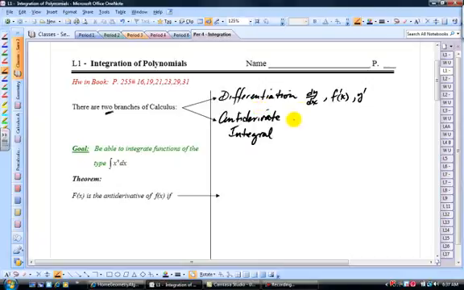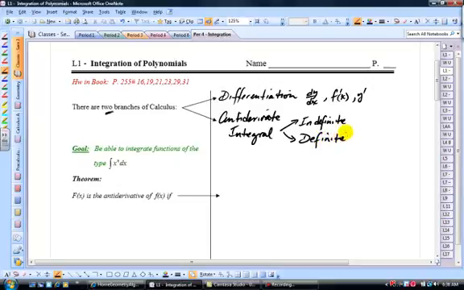It has a special symbol that we use, and there are two main types of integrals. One is called the indefinite integral, which we're going to be starting with today, and then the definite type, where you evaluate the integral from an upper and lower bound.